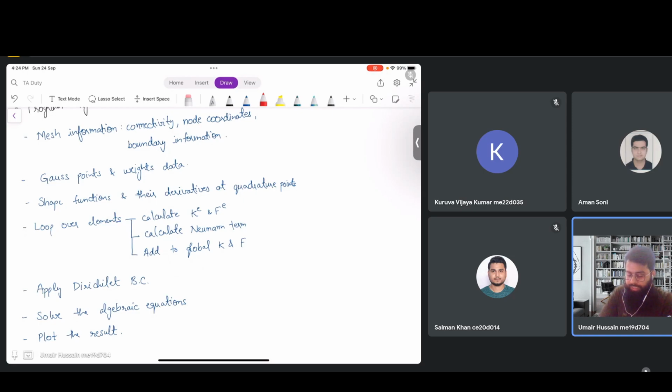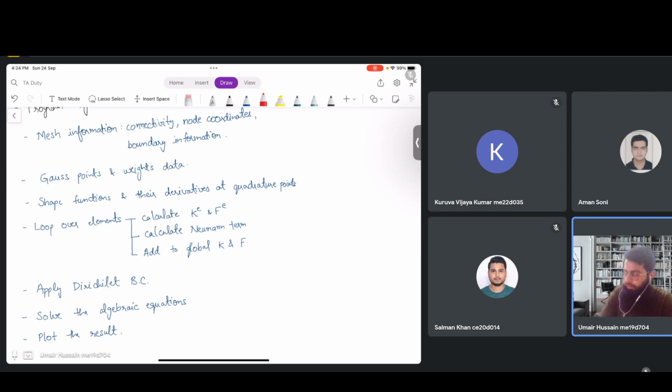We go over each element, and for each element we develop the element stiffness matrix and element force vector, and we calculate the Neumann boundary term, and simultaneously we add the respective element stiffness matrix and force vector to the respective position in the global matrix and vector. So at the end of the step, we are ready with our stiffness matrix and force vector.